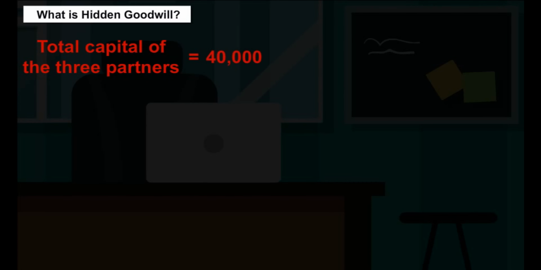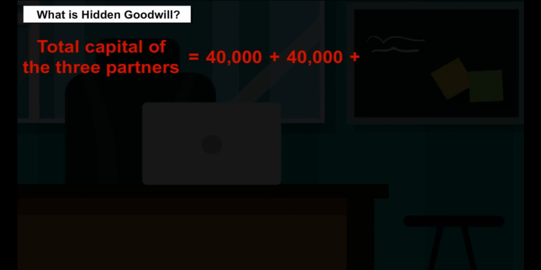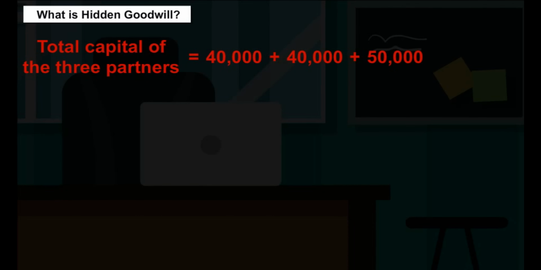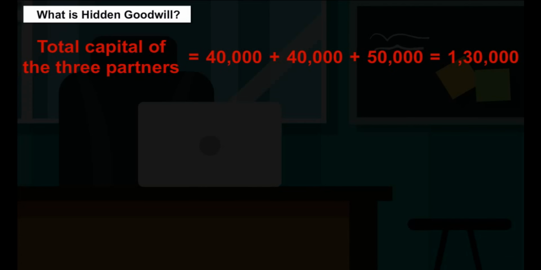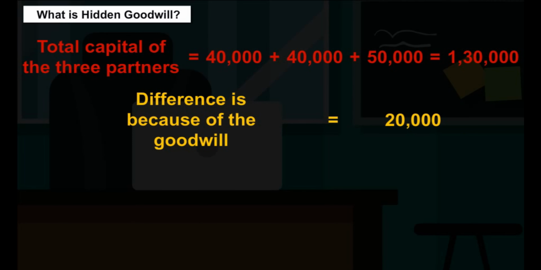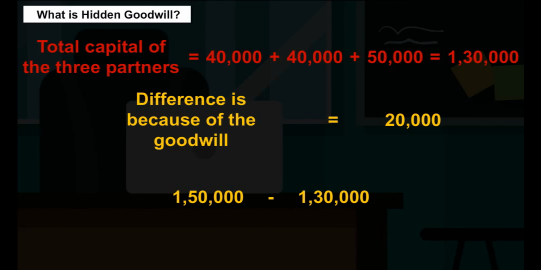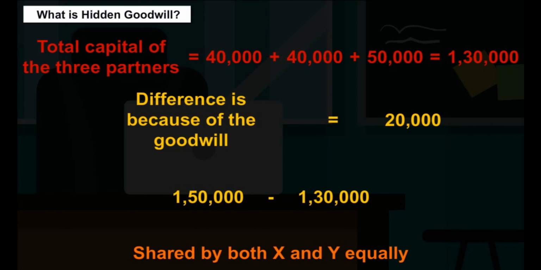But the total capital of the three partners comes out to be 40,000 plus 40,000 plus 50,000, which is equal to 1,30,000. The difference is because of the goodwill, that is 20,000: 1,50,000 minus 1,30,000, which will be shared by both X and Y equally.